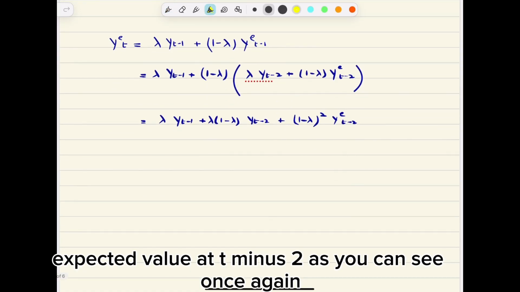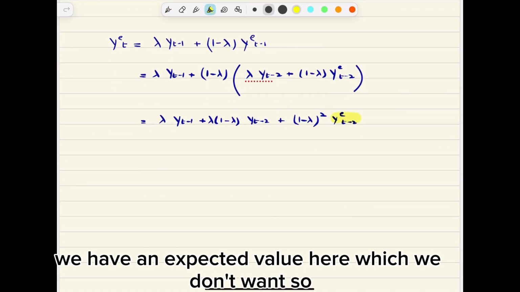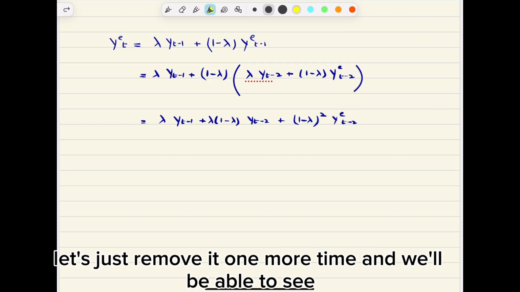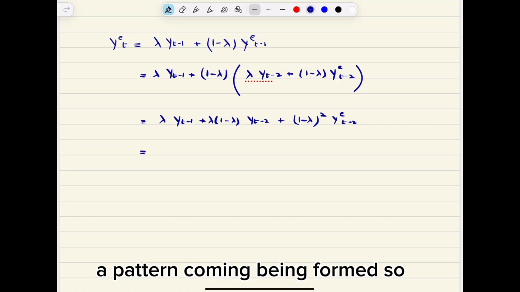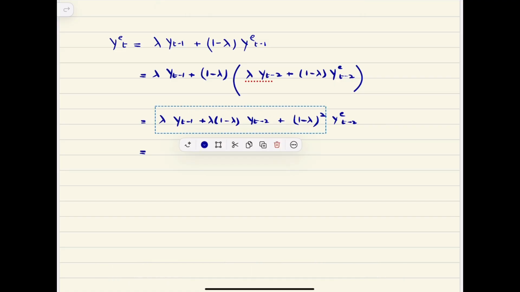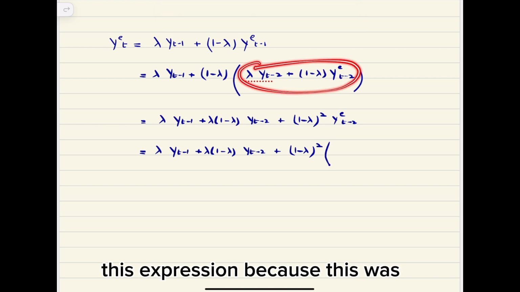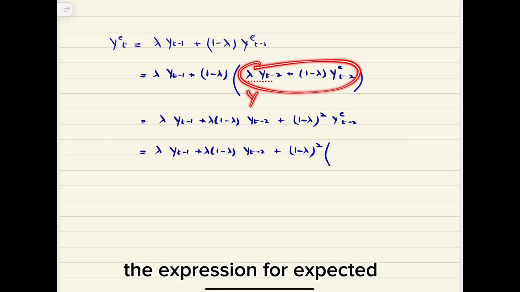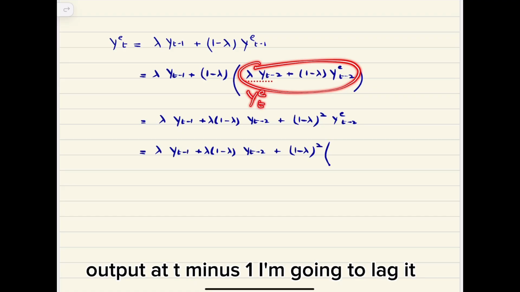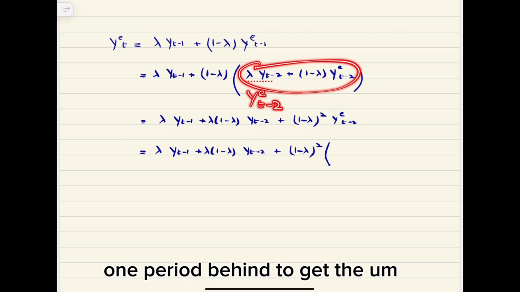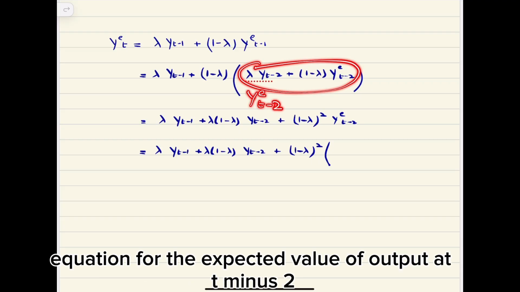As you can see, once again we have an expected value here which we don't want. So let's just remove it one more time and we'll be able to see a pattern being formed. So let's lag which expression? This expression, because this was the expression for expected output at t minus 1. I'm going to lag it one period behind to get the equation for the expected value of output at t minus 2.